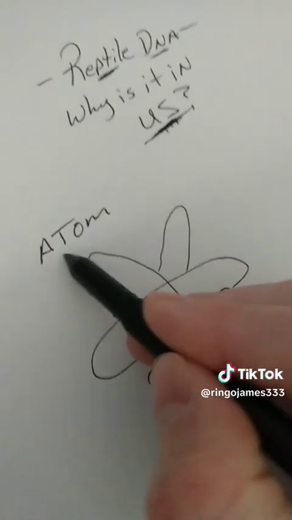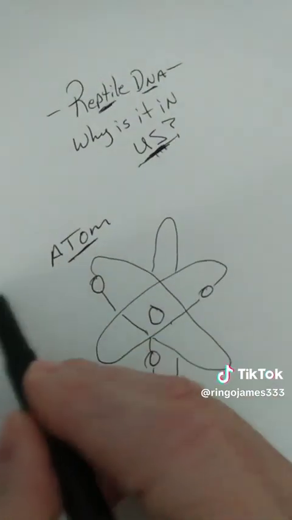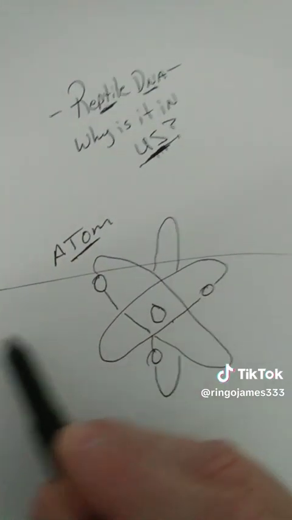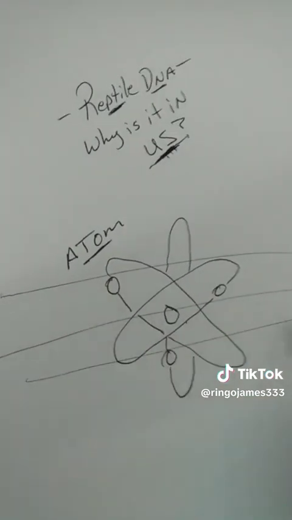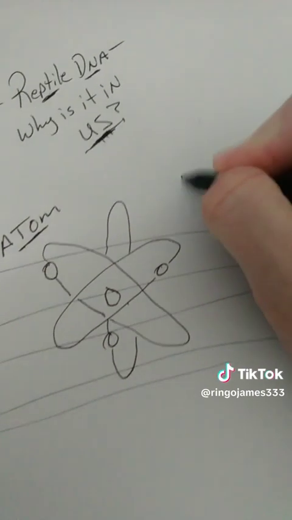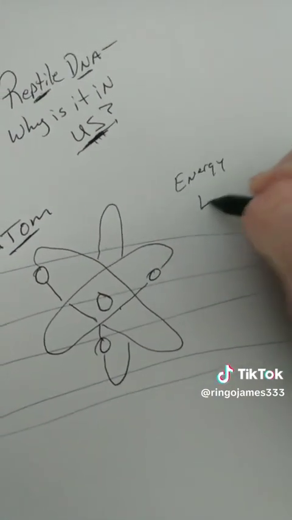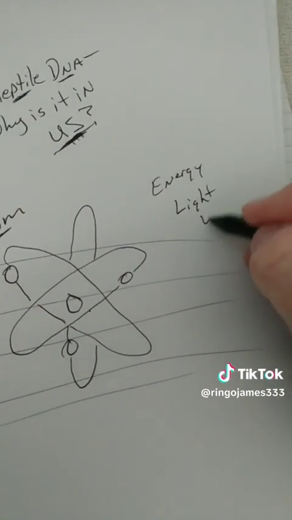When God created the atom, it created dimensions based on color. Color leads to energy. Energy is light. Okay? Light leads to waves.